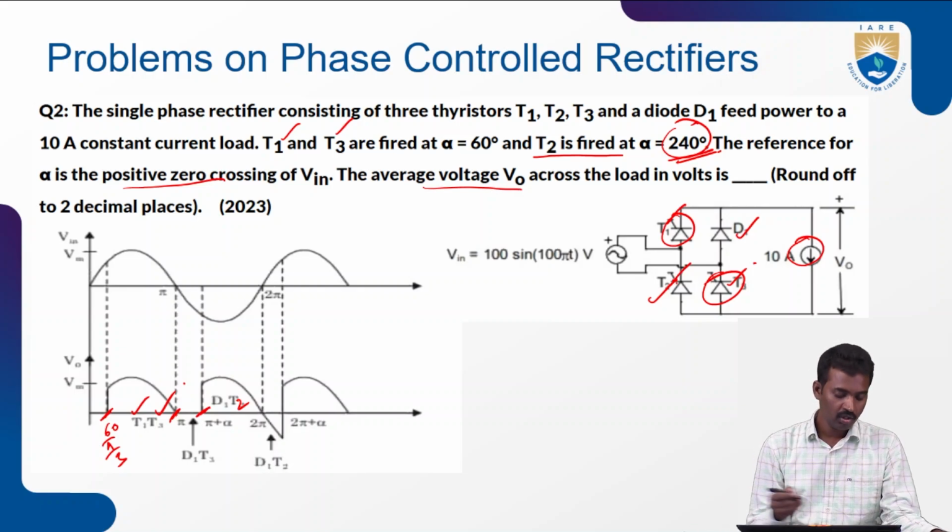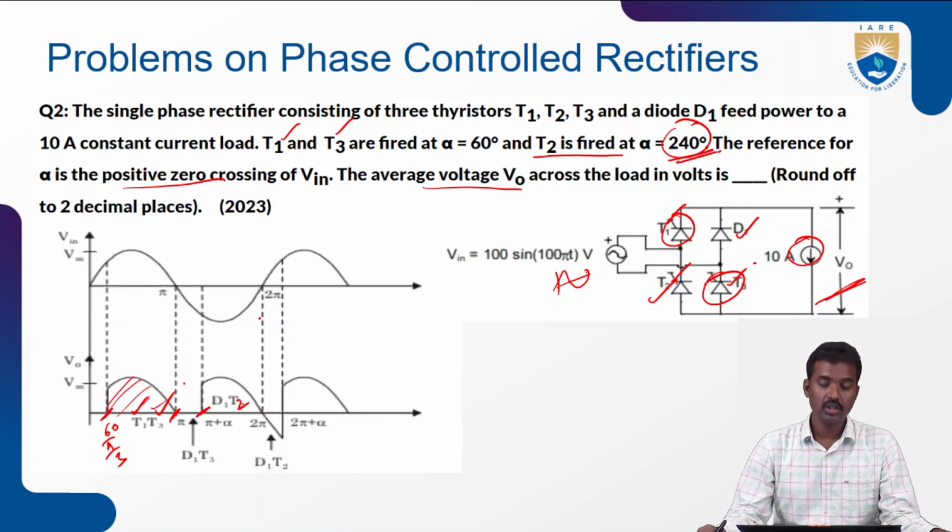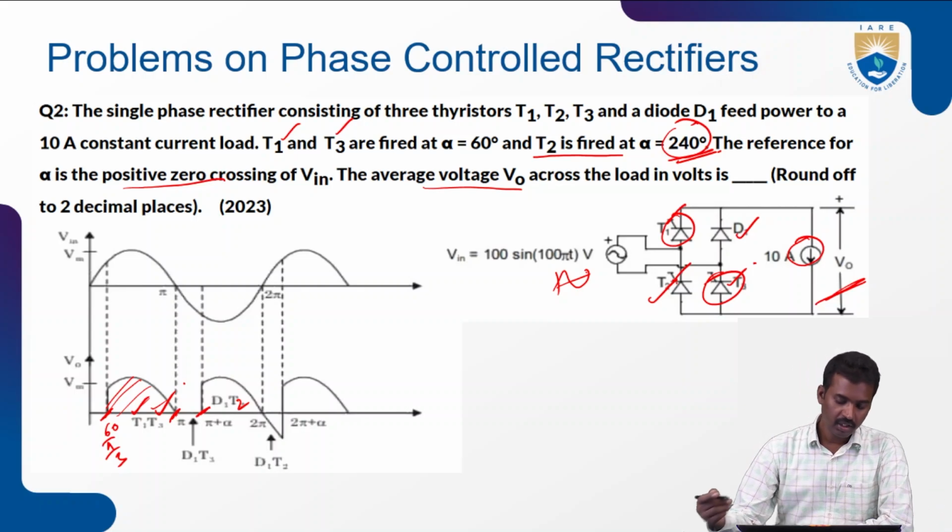From this waveform, this is your output waveform and this is your input waveform. The input voltage is always a sine wave. Here we are getting the output voltage, and we need to calculate the average value of this output waveform.